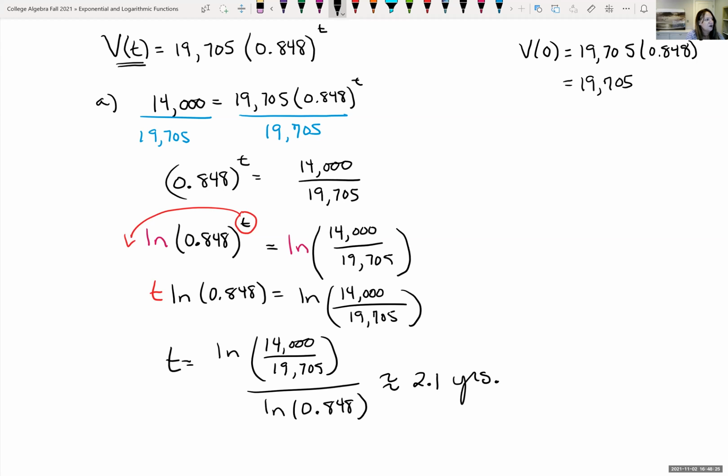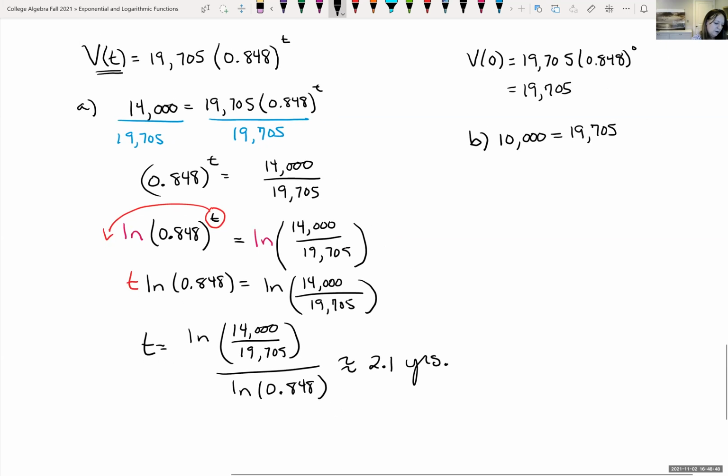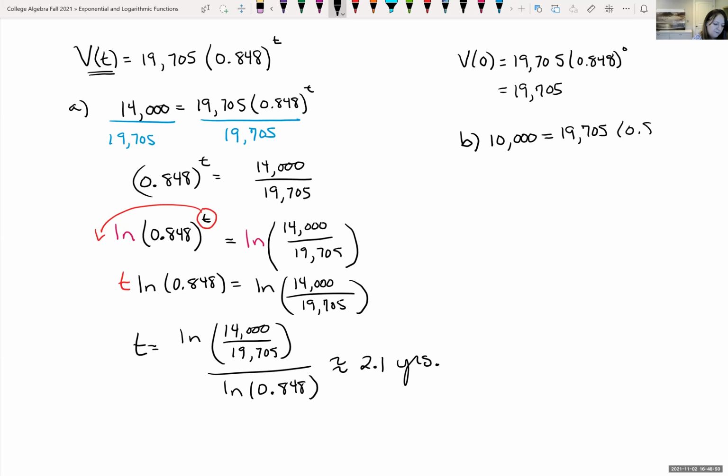And then it wanted to know, according to the model, when will the car be worth $10,000? It would be the same sort of setup, except instead of 14,000, we're going to write 10,000. So 10,000 equals 19,705 times 0.848 raised to the t.